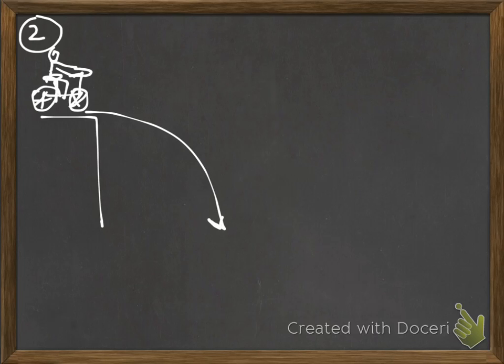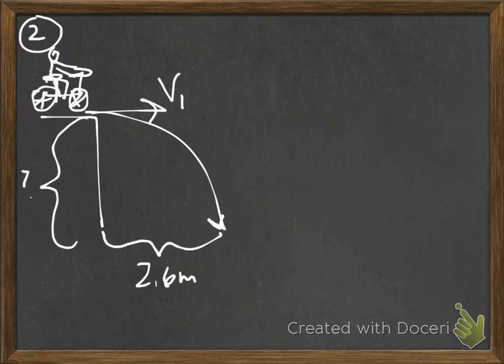Okay, number 2, you ride your bike off this horizontal ramp that you've built. There's your bike. You land 2.6 meters out from the ramp. What we want to know is how high the ramp is, and you go off with an initial horizontal velocity, Vxi, of 7.5 meters per second.